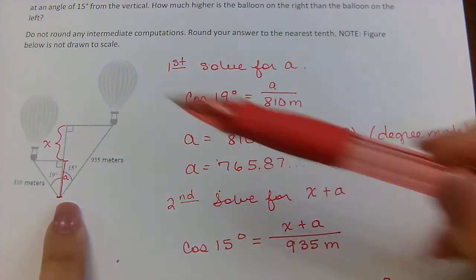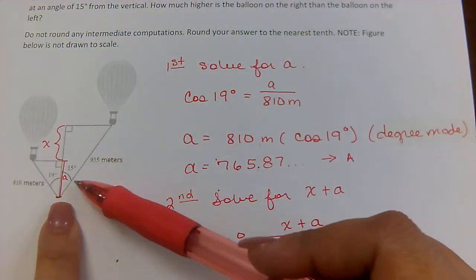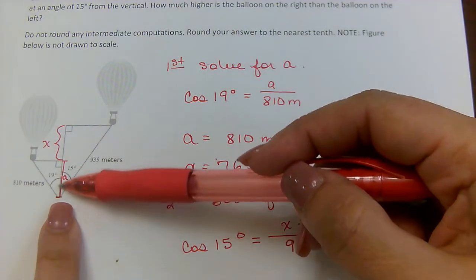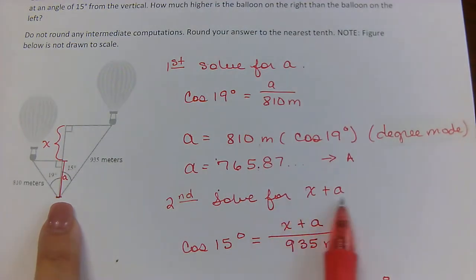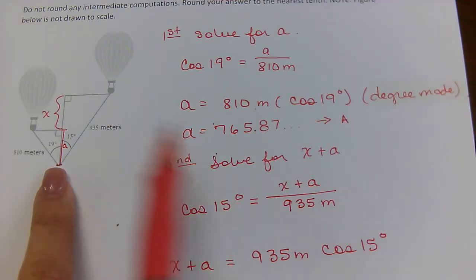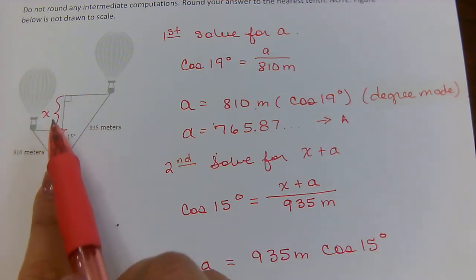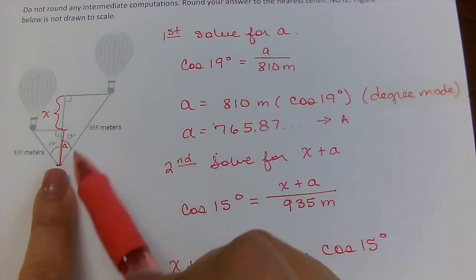The second thing I'm going to do is solve for the distance of the bigger triangle. Now here you have to realize that the distance of the bigger triangle on the vertical side is a plus x. So that's what I did here. I'm going to solve for this entire distance. I'm going to again use cosine because I have the adjacent, which is what I'm looking for, and I'm given the hypotenuse.